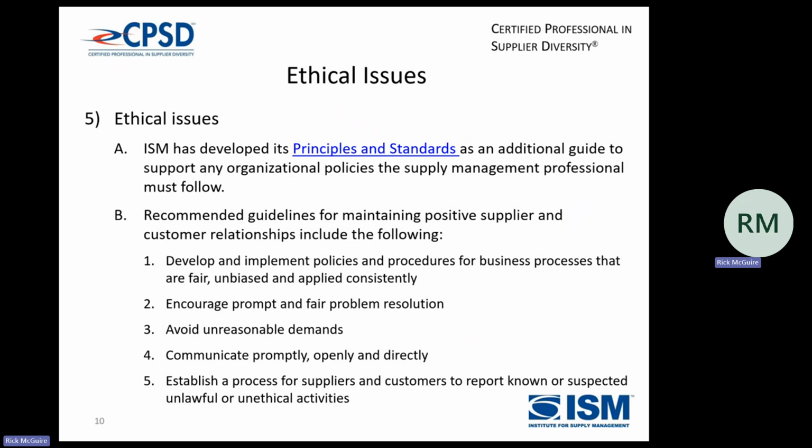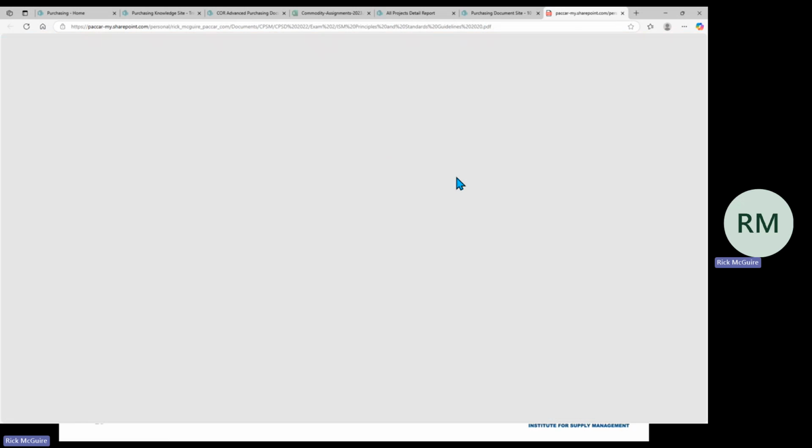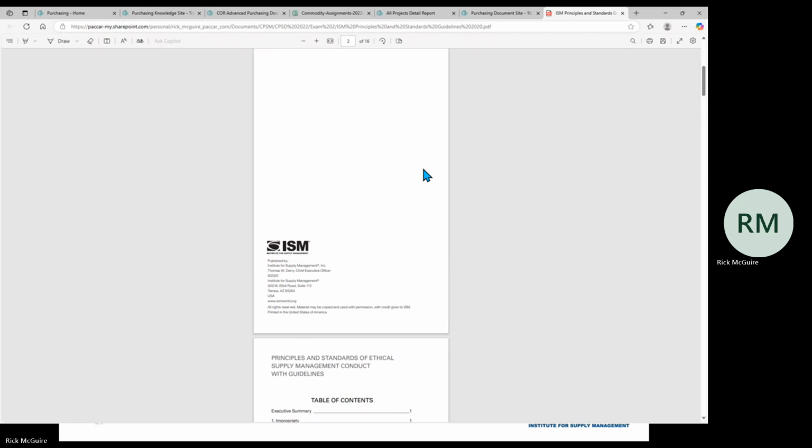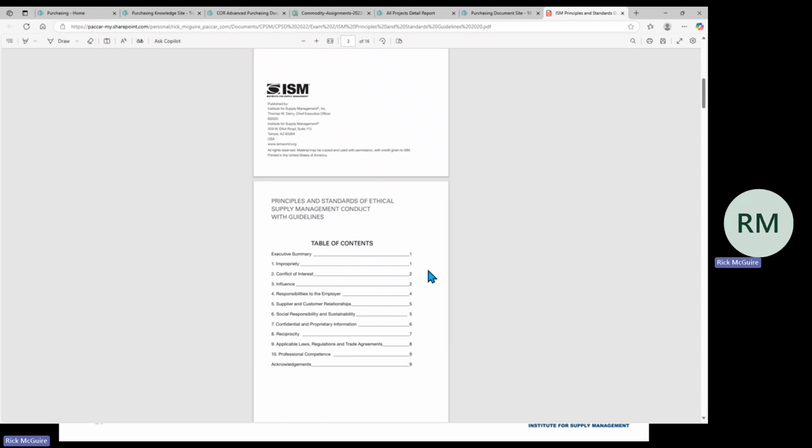And ISM has developed principles and standards as an additional guide to support any organizational policies. So that looks like this. Principles and standards of ethical supply management conduct with guidelines. And then here are your 10 standards.